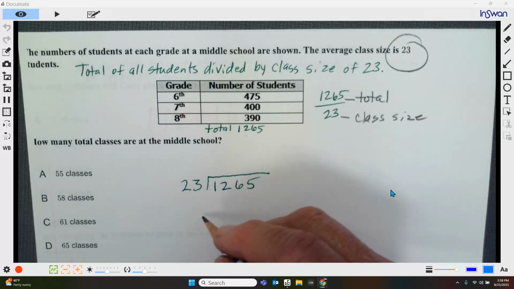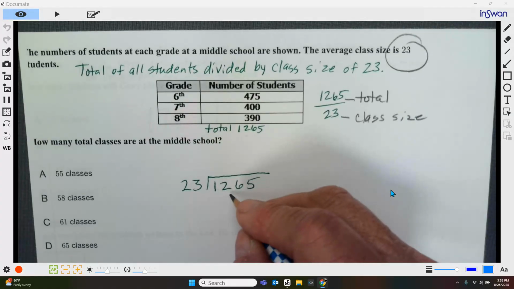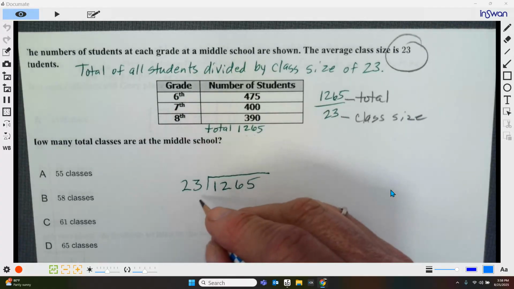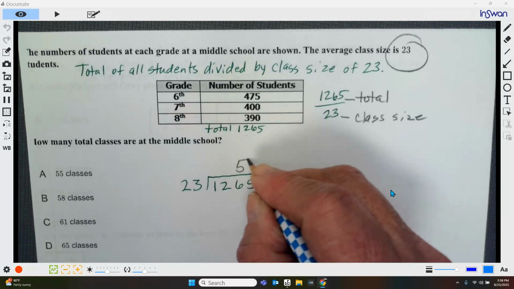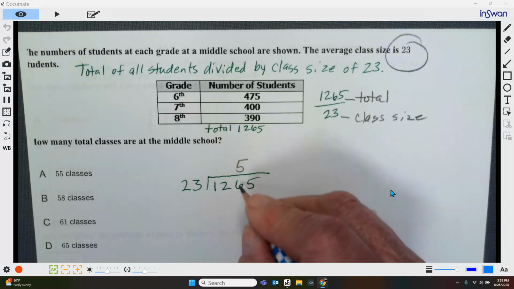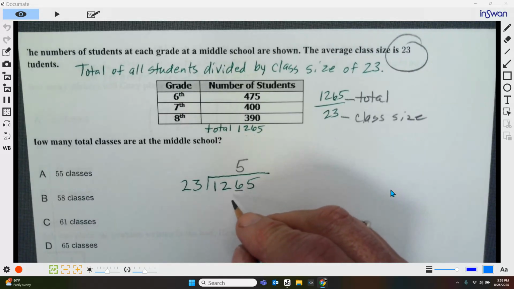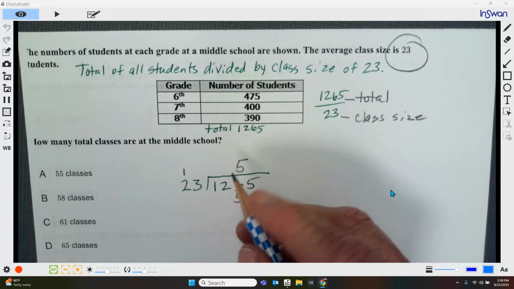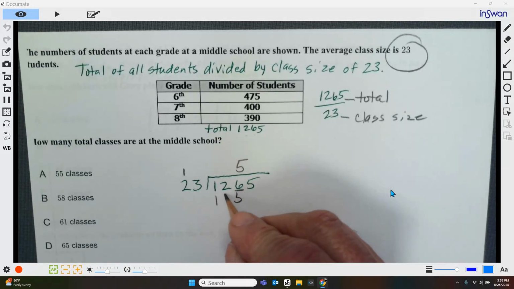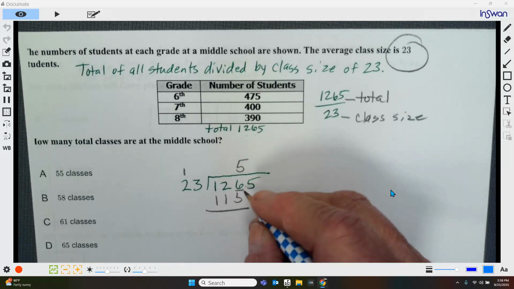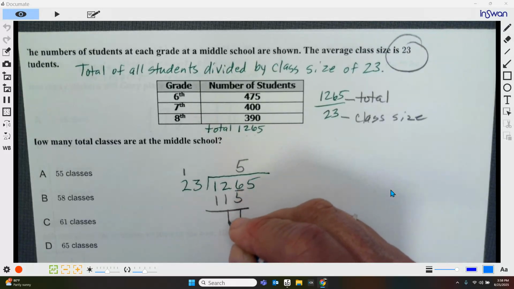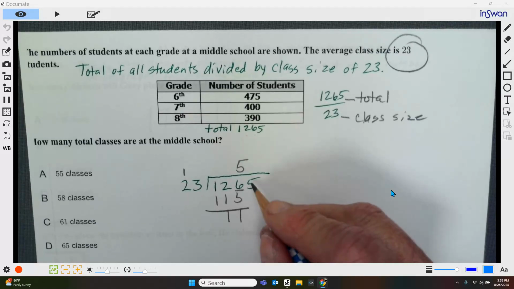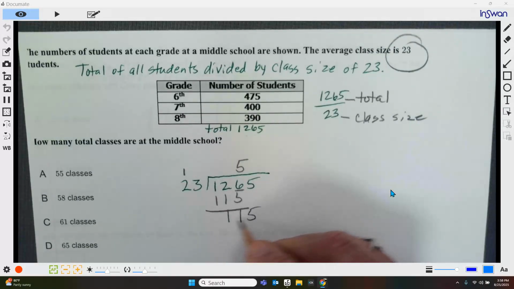So when I divide this, 23 is close to 25, and I know that 25 times 5 is 125, so I'm going to say that 23 goes into 126 5 times. 5 times 3 is 15. Carry the 1. 5 times 2 is 10, plus 1 is 11. Then I subtract 6 minus 5 is 1. 2 minus 1 is 1. Now, bring down the 5. Now, look at this number.